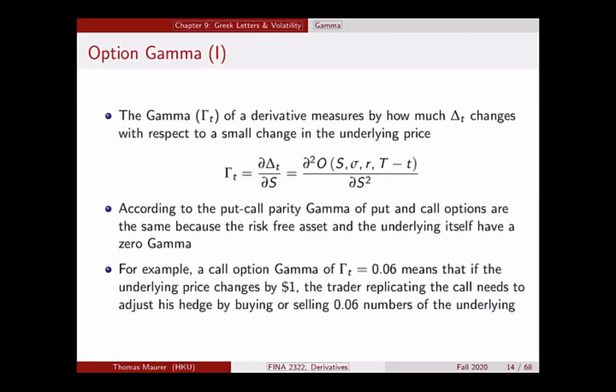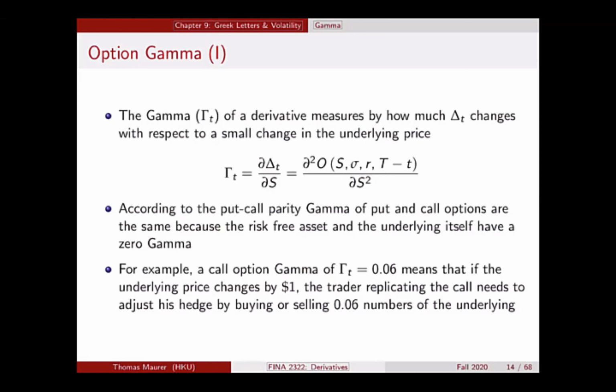Plus any positions in risk-free assets don't change as the price of the underlying asset changes, so they don't have any gamma either. So from the put-call parity, you see that the gamma of a put option has to be exactly the same as the gamma of a call option.